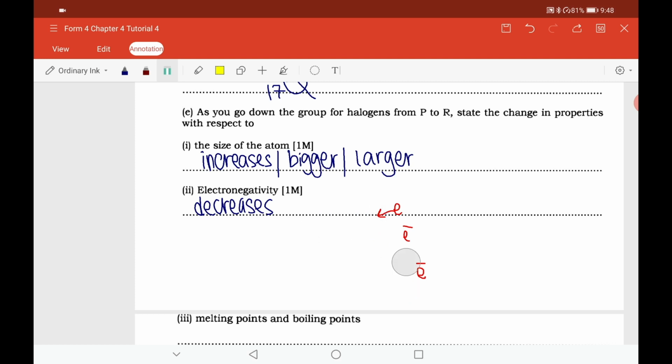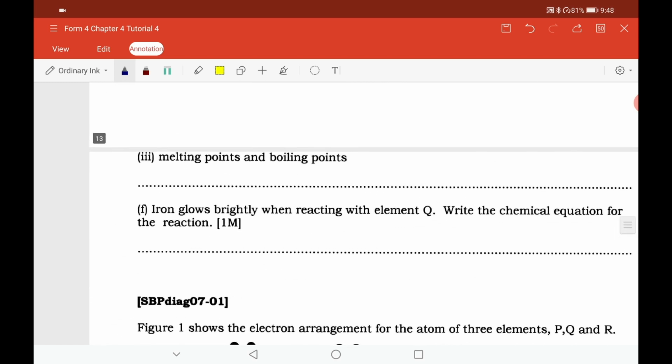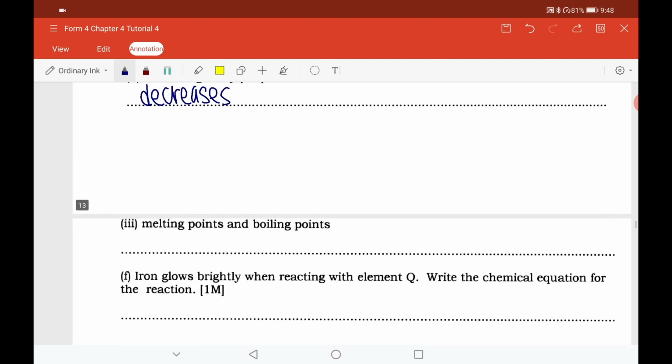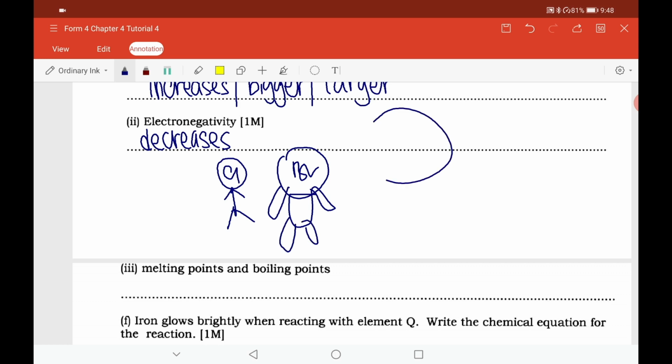So what about melting point and boiling point? When you're going down the group 17, the size become larger. So this is chlorine, going down become bromine, going down the group become iodine.